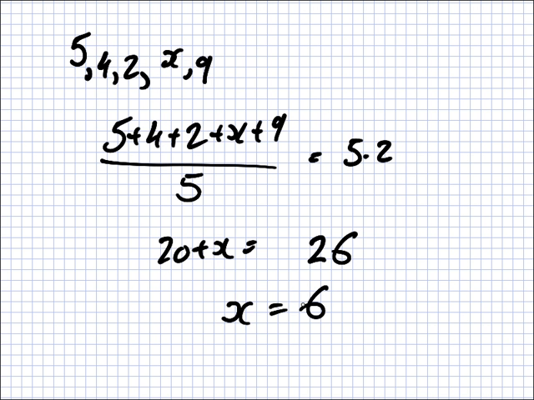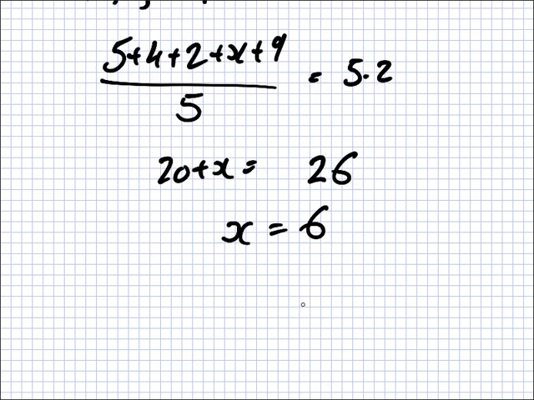Okay, now 10 is harder because now there's two numbers missing. Can I scroll down? Yep. Okay. Could we name them x and y? Yeah, we'll name them x and y in number 10. So we'll have 4, 10, 4, x, y.